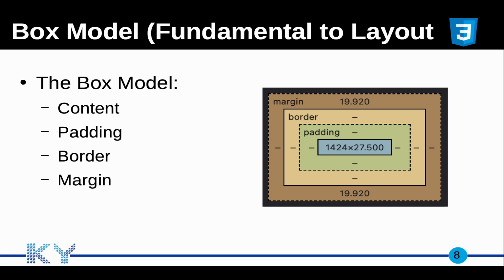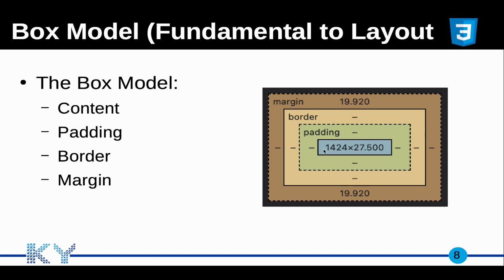Say for instance I have a paragraph tag, and within the paragraph tag I wrote hello world. This is how the paragraph tag is viewed through the lens of CSS, like a box. This is where the content is. So the hello world, this is where it is. The blue section is where the content is.